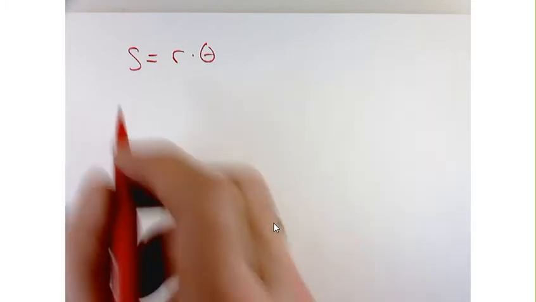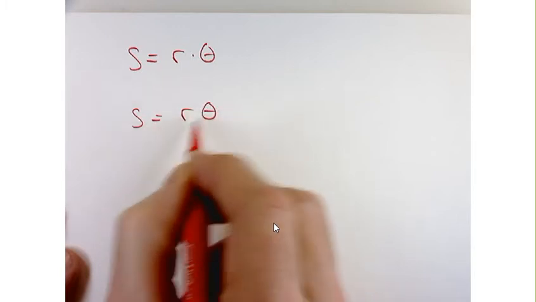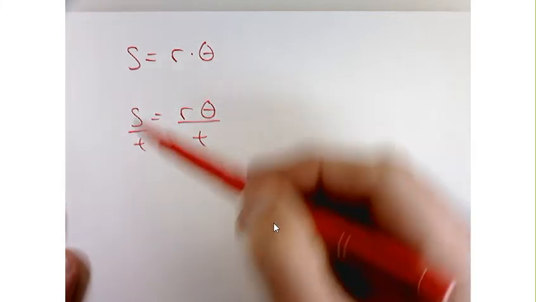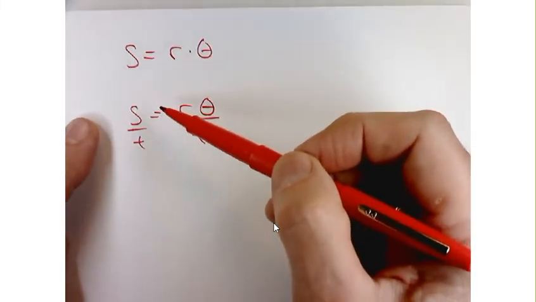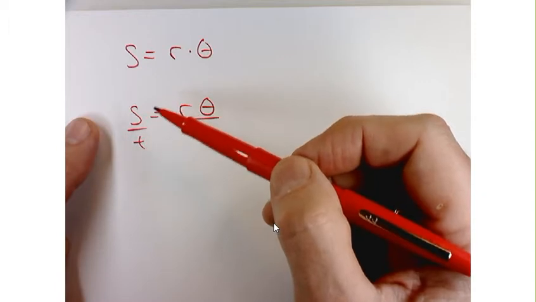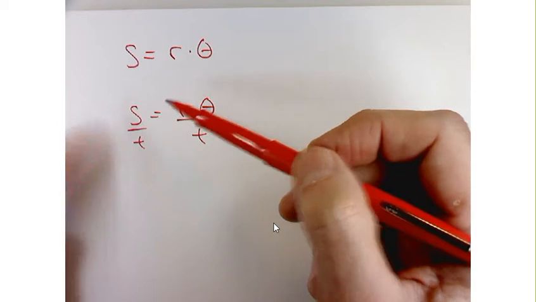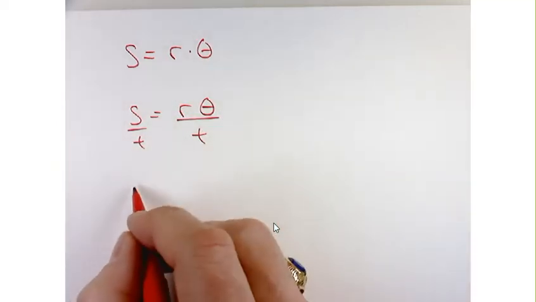And what I'm going to do is divide both sides of this formula by t. Now, S for us was length, or you could also think of it as distance. What do you get when you divide distance by time? Distance divided by time is your speed, or your rate, or your velocity.